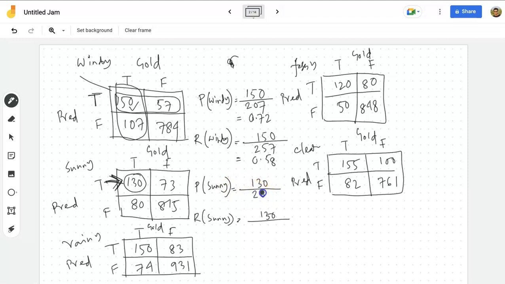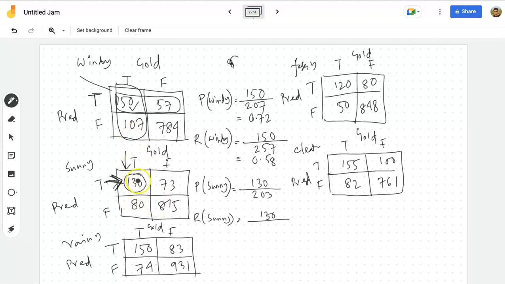And for recall, what will be the denominator? It will be how many times it is actually sunny, so it will be the first column. So for precision, the denominator is the first row, and for recall, the denominator is the first column.